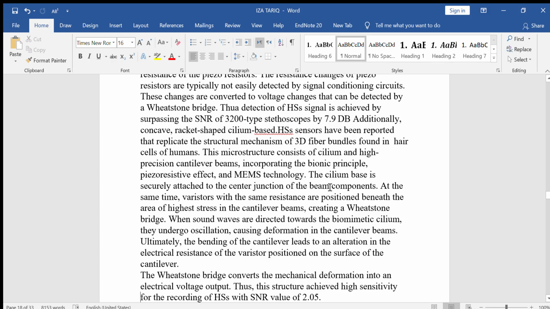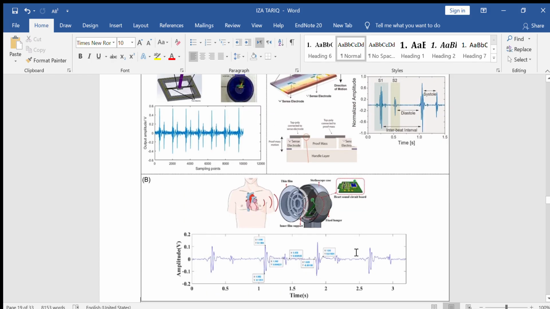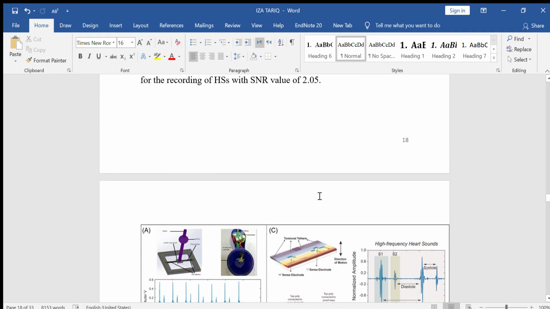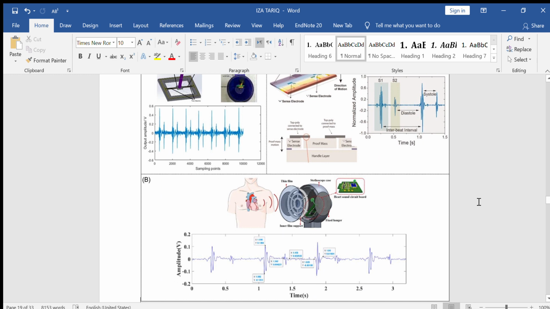The cilium base is securely attached to the center junction of the beam components, and at the same time resistors with the same resistance are positioned beneath the area of the highest stress in the cantilever beams, creating a Wheatstone bridge. Some heart sound devices are shown in this figure.